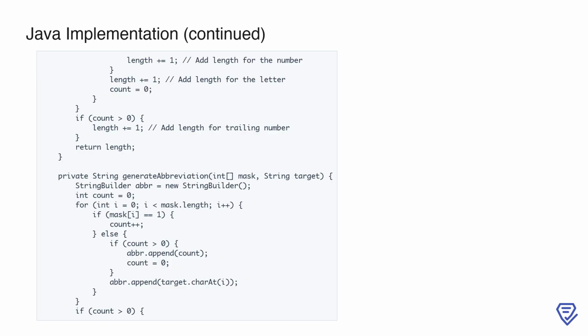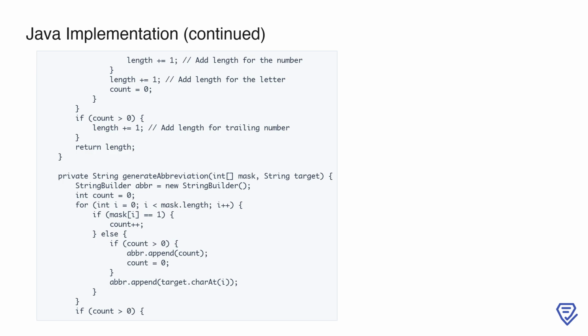If a sequence of consecutive ones is encountered in the mask, it represents a number in the abbreviation, which contributes 1 unit of length. Meanwhile, each 0 in the mask corresponds to retaining the original character, which also adds 1 unit of length. The logic ensures that trailing numbers are properly accounted for by checking if there are any remaining counts after the loop. Once the length calculation is complete, the function returns the computed value.